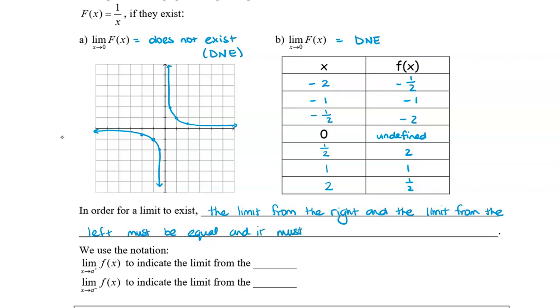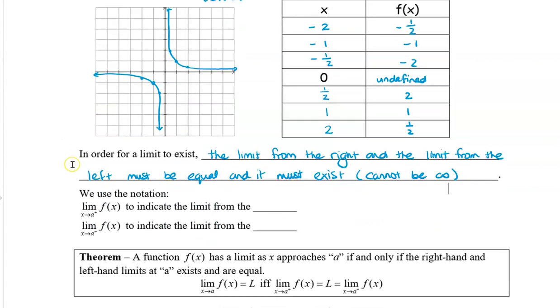So there has to actually be a number that we can identify. And it cannot be infinity. So what we can do is we can use a special notation to indicate the one-sided limit, okay?